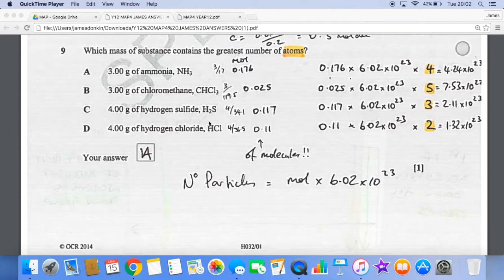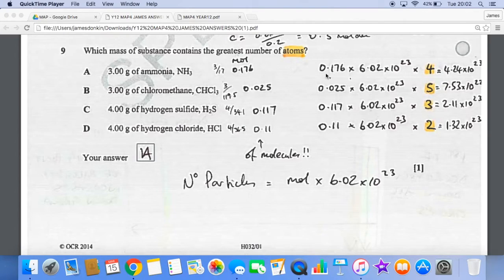These are all molecules. So there's that many moles of molecules, and so the number of atoms present will be Avogadro's number times the moles of molecules multiplied by the number of atoms in each molecule. Hope that all made sense.